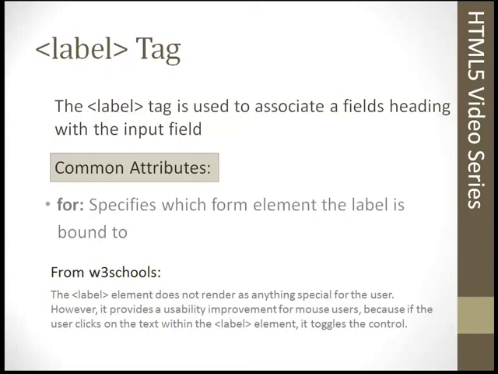So if you click on the text, it'll actually highlight the input field that text belongs to. And it takes the for attribute, which will just specify which form element the label is. And this would match up with the input element's name attribute.